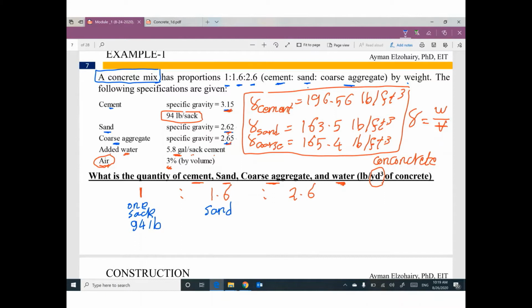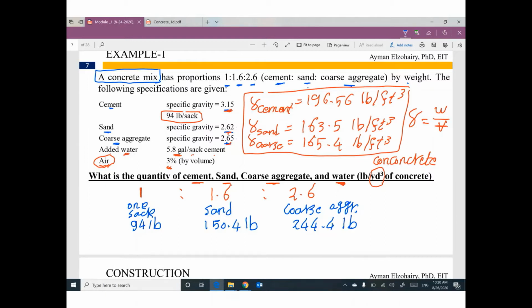How much coarse aggregate? Your sand will be 1.6, which is the ratio, times 94, 150.4 pounds. How much coarse aggregate? 2.6 times 94 will be 244.4 pounds.